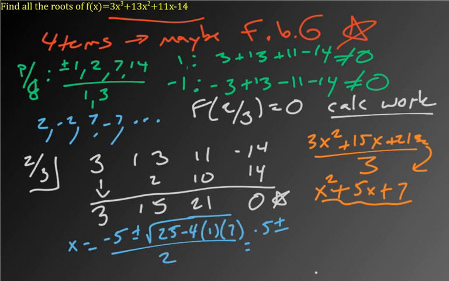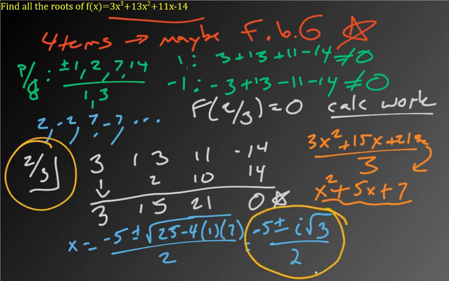So then you're going to have i square root of 3 there, and then over 2. And that's it. Then just circle all your answers. You got 2 roots right here, and then you got a root right there, right? So that is 3 roots. You got 3 roots for an x cubed, which is good.